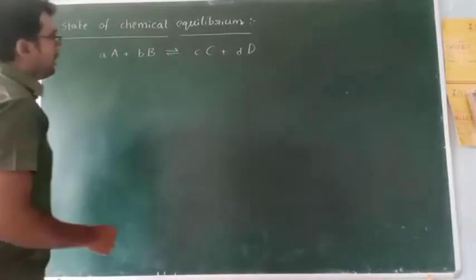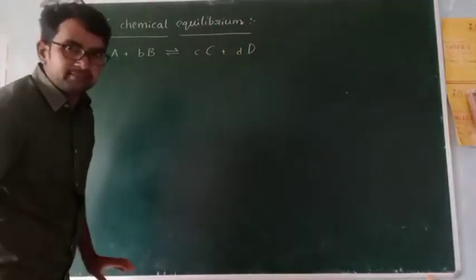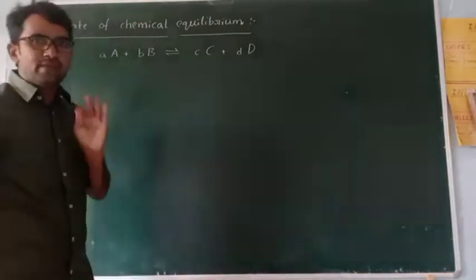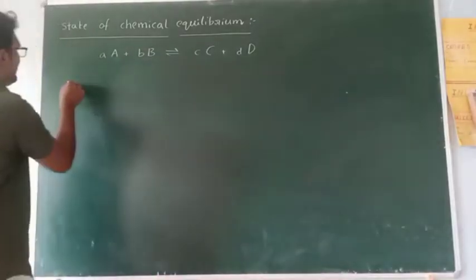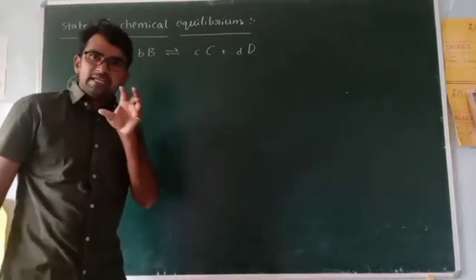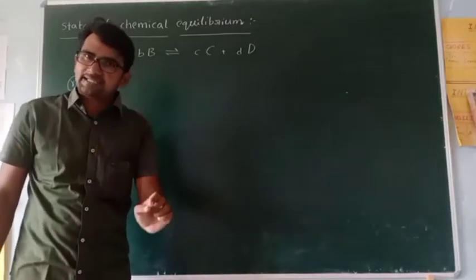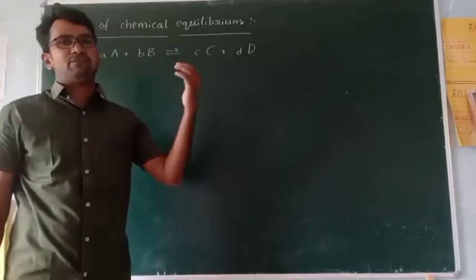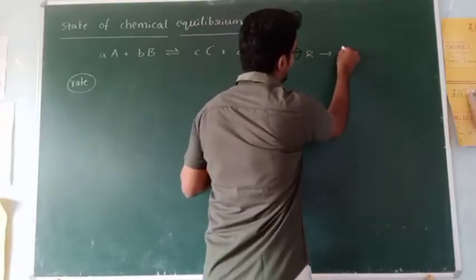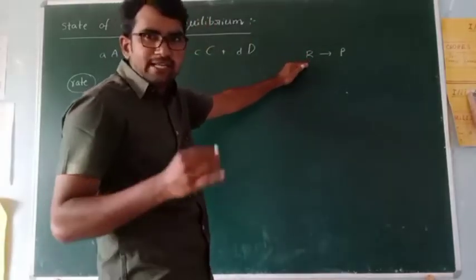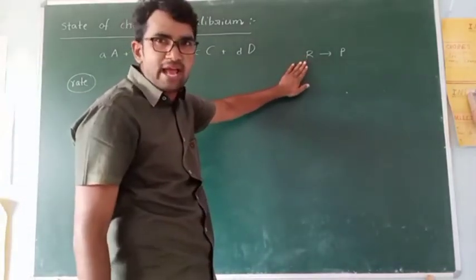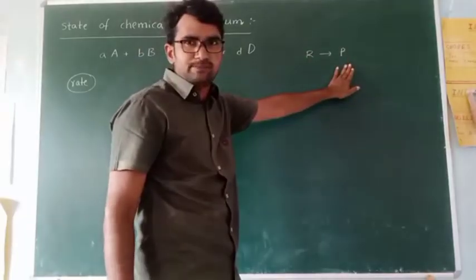In any chemical reaction, either reversible or irreversible, we observe the rate of the reaction. First, what is rate? I already explained what rate is. Generally, rate means the decrease in the concentration of the reactants or the increase in the concentration of the products. For example, in one reaction, a reactant gives products. At the initial time, only the concentration of reactants is present and there are no products.